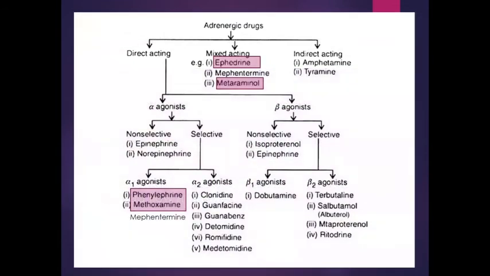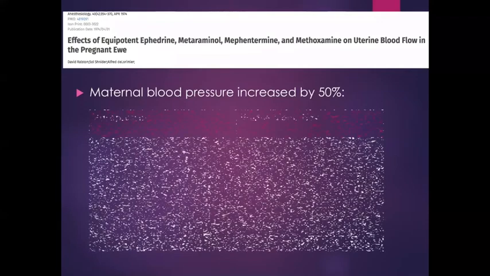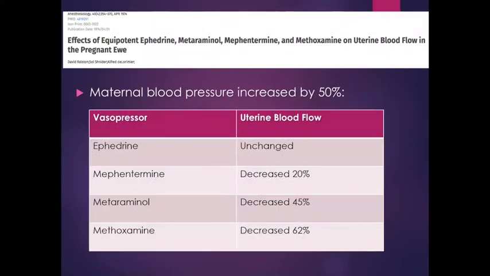Now let's review our adrenergic agents just for a second. Ephedrine and metaraminol are both mixed alpha and beta. Phenylephrine, mephentermine, and methoxamine are all alpha-1. In the study, when maternal blood pressure was increased by 50% with each vasopressor, uterine blood flow was unchanged with ephedrine, it was decreased by 20% with mephentermine, and was reduced 45% with metaraminol.